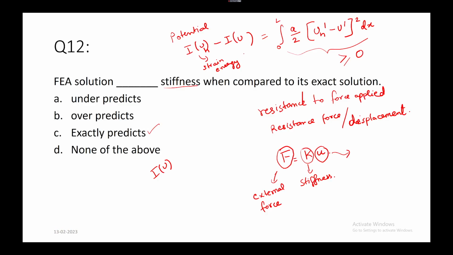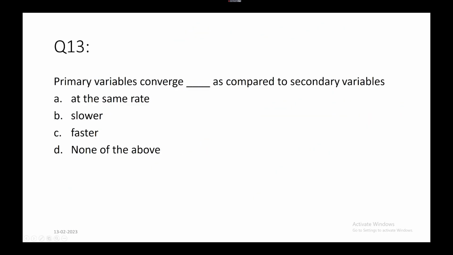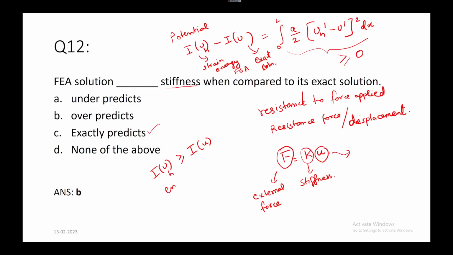So this is strain energy as per FEA, and this is strain energy as per the exact solution. So I of u-hat is always greater than or equal to I of u. So the energy is over predicted.